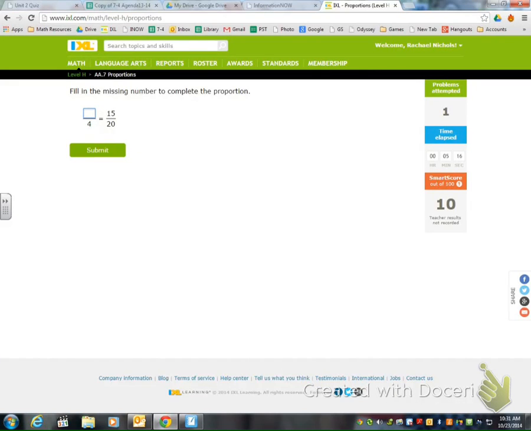For the example that we have here, what two numbers am I going to need to multiply together? Jamie? 4 and 15. 4 and 15, because those are the two numbers that are across from each other. So I have 4 times 15, and then I'm going to multiply x by 20.